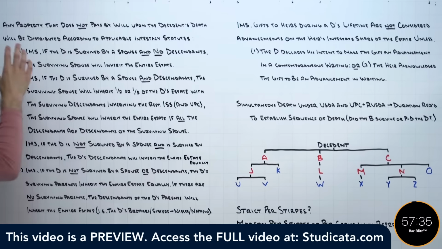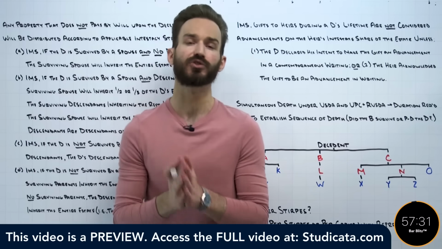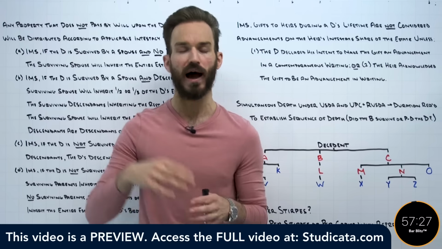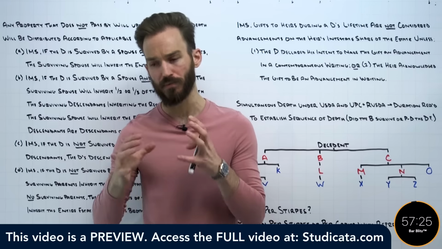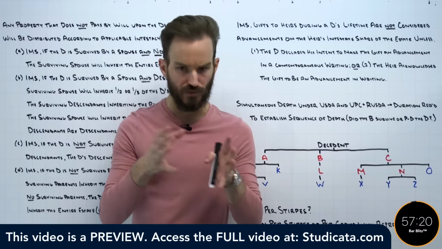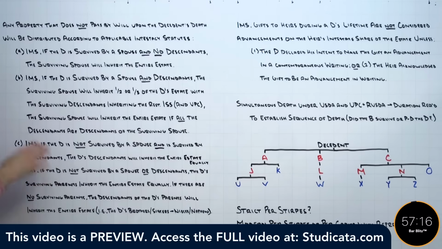We're going to lay out how most states handle intestate succession, property that's not passing by a will or trust or some other document, where state law is deciding where the property passes at a person's death. We're going to focus on what most states do.